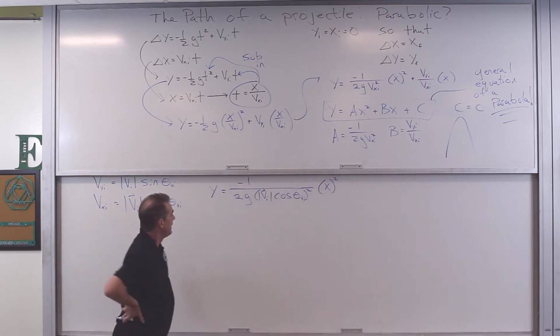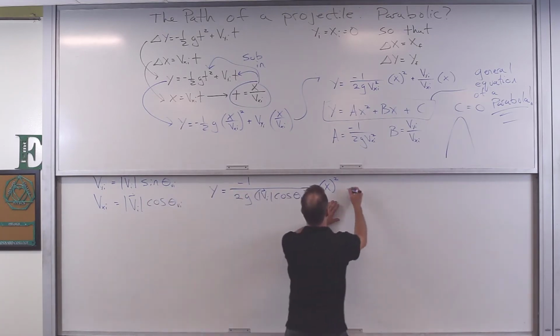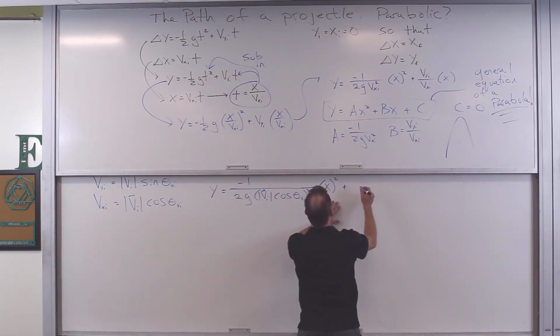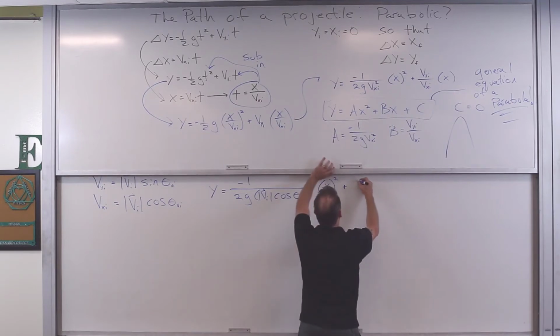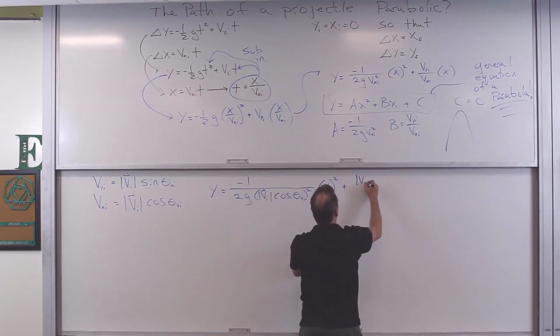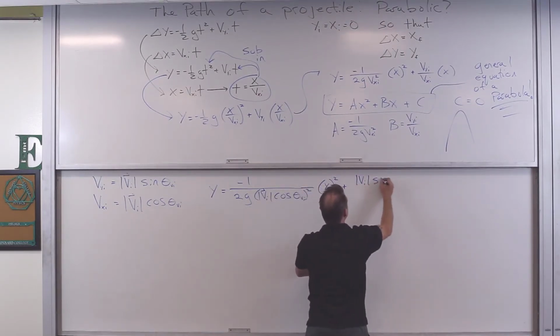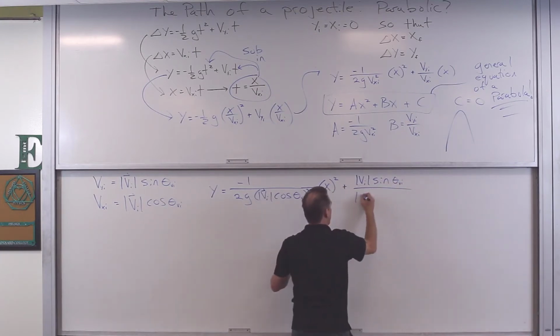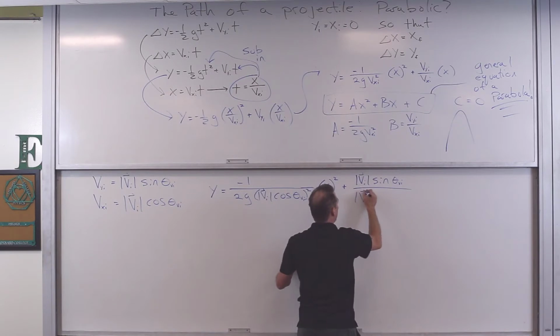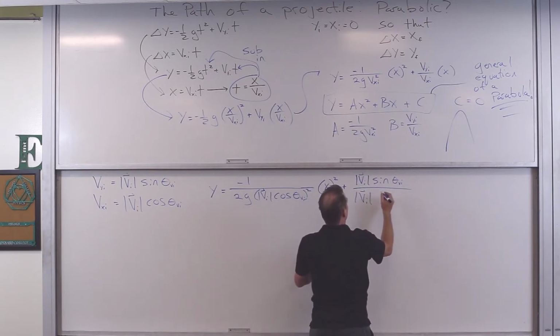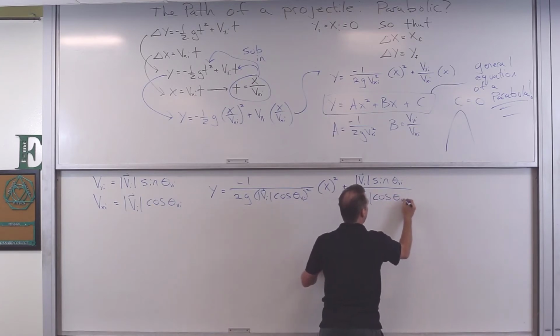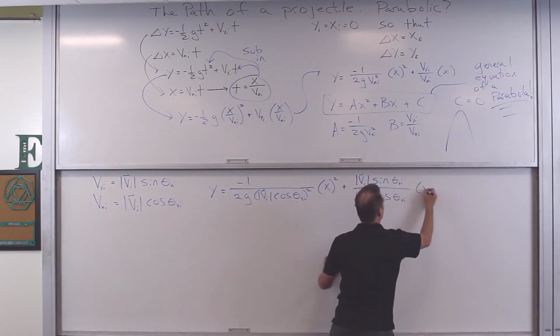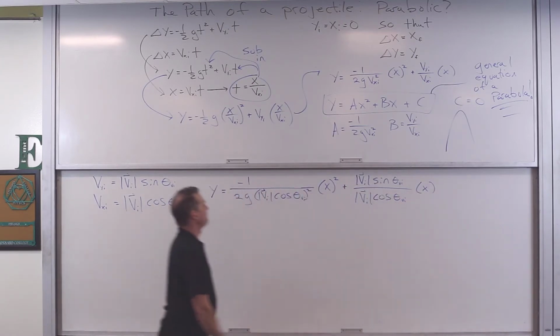All right. And then what? Well, we've also got a plus Vy initial. Vy initial is the magnitude of V initial times the sine of theta V initial, and that's divided by Vx initial, which is V initial cosine of theta V initial, and that is then multiplied by x.